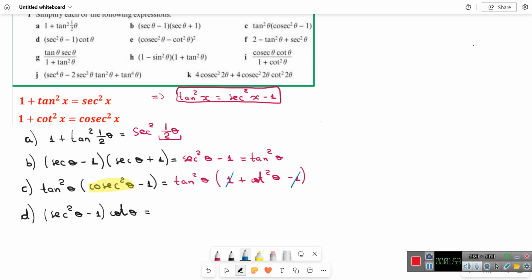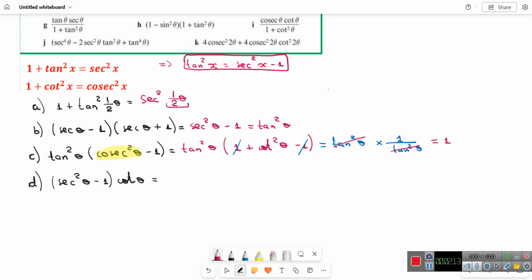This cancels down, and we have tan squared of theta multiplied by cot squared theta. Cot I can write as 1 over tan, so this cancels down and is equal to 1.